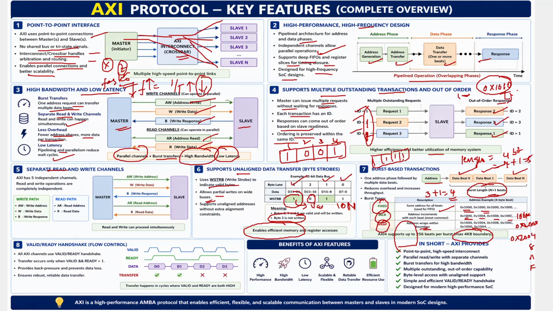If it crosses your upper boundary, then it wraps around to the start address. It is like a page: you start from this page, write the entire data, and after reaching the last line you need to wrap around and again write from the start. That is the wrapping burst-based transaction.